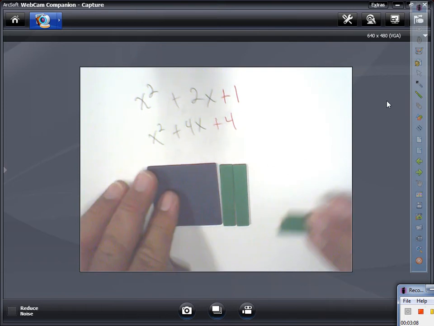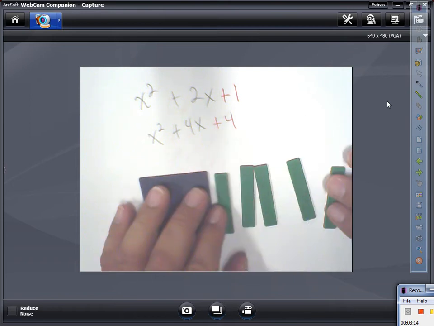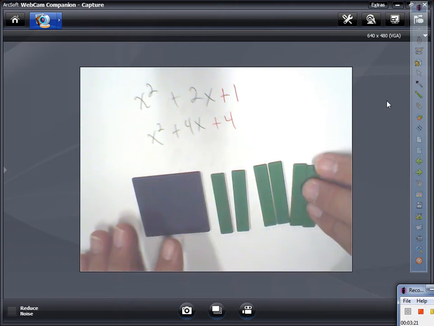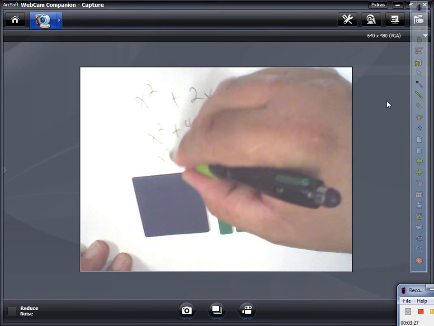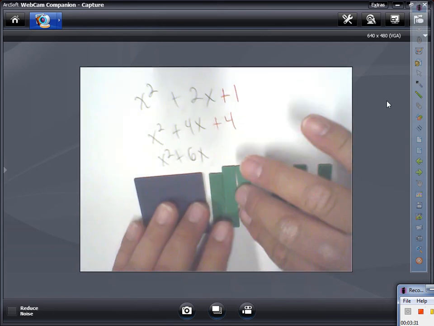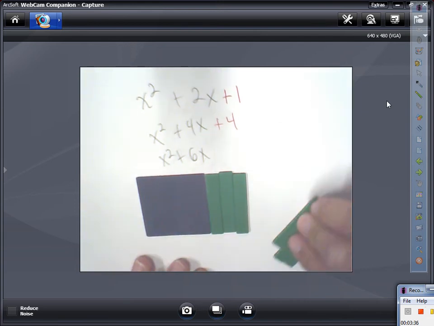So check this out. Next, what if I gave you that? Oh, sorry, I'm missing it over here. Here it is. Everyone, what do we have? X squared plus 6x. So if I evenly distribute these, I put 3 on this side and 3 on this side.